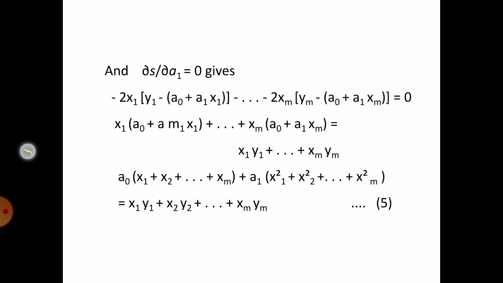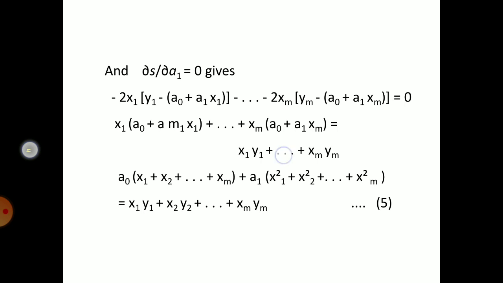Already I have told that this is a print mistake, it is a1 x1, and it will become a1 x1 square. a1 is taken outside, in bracket x1 square. Second term is a1 x2 square, a1 is taken outside, x2 square, and plus on to a1 xm square. a1 is outside, it is xm square.